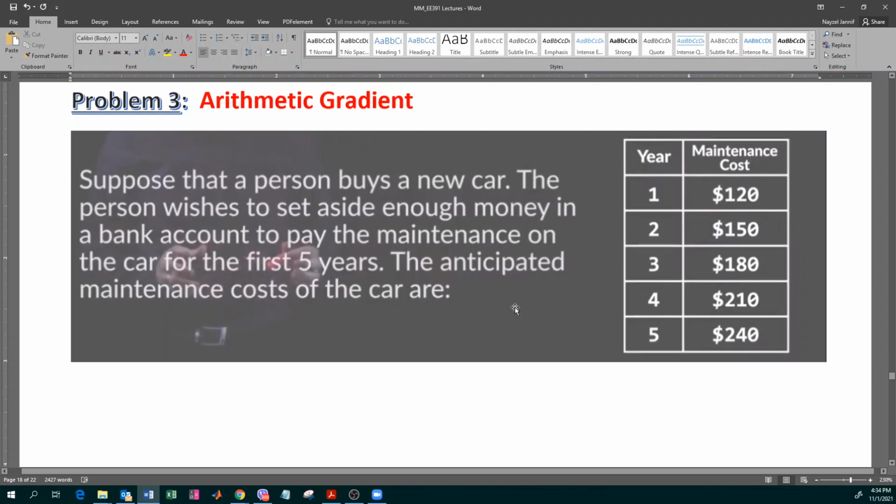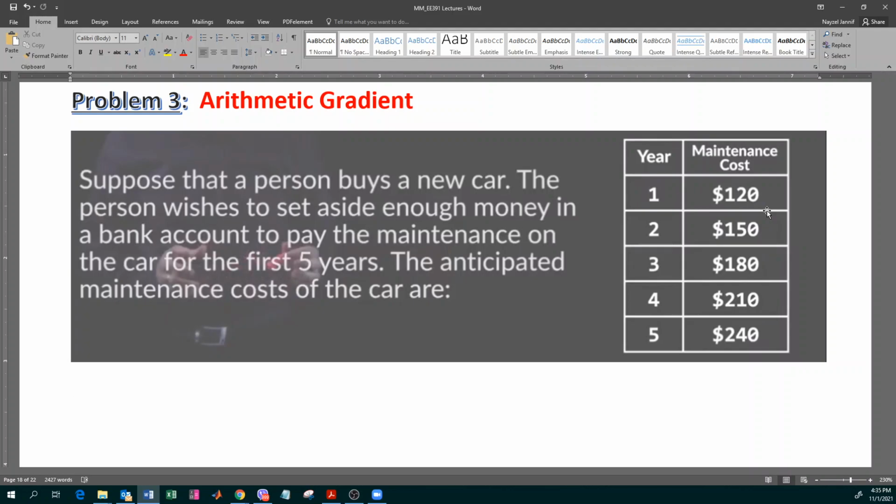The person wishes to set aside enough money in the bank account to pay the maintenance on the car for the first 5 years. The anticipated maintenance costs are: first year $120, second year $150, third year $180, fourth year $210, fifth year $240. Have a look at that. What do you notice, guys?